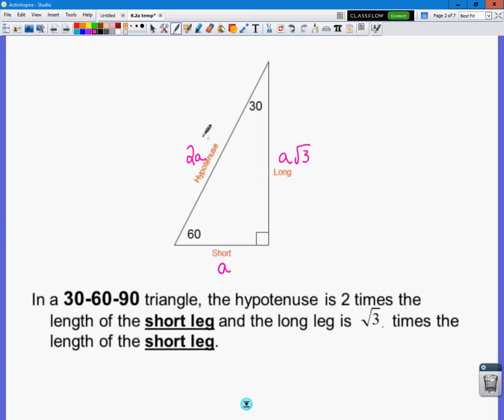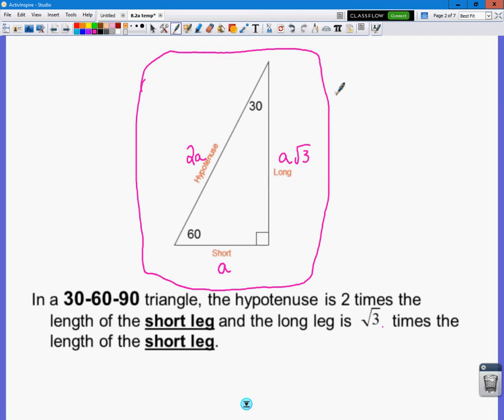Okay? You need to memorize this triangle, because everything that we do with a special right triangle, 30, 60, 90, is going to be based off of this. Okay? So you need to memorize what this actually looks like.